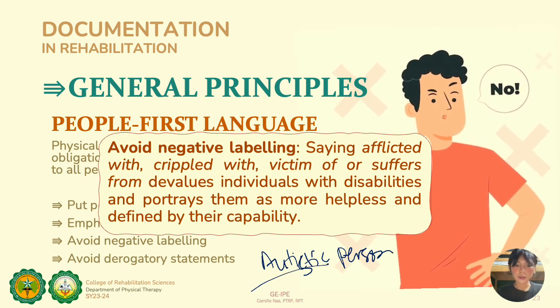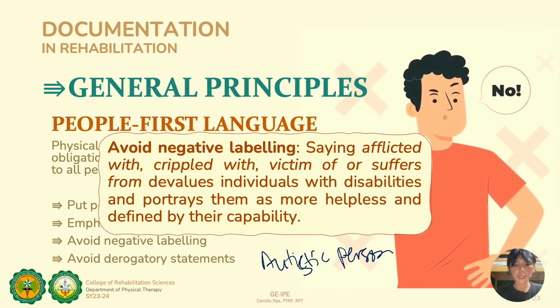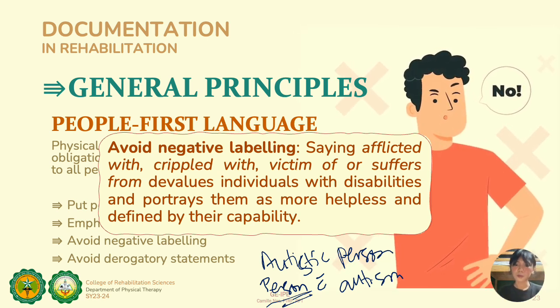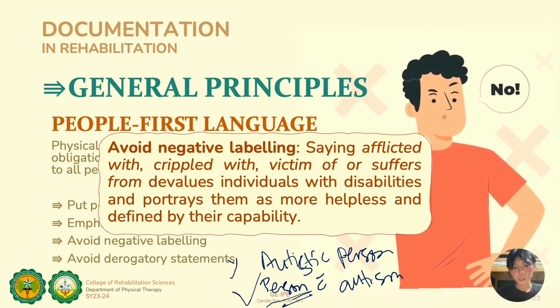But instead, the better way to write this one is person with autism. O, diba? We still emphasize yung person. There's just something unique about the person. So yun, this is the better way of writing it. This one is the incorrect way.